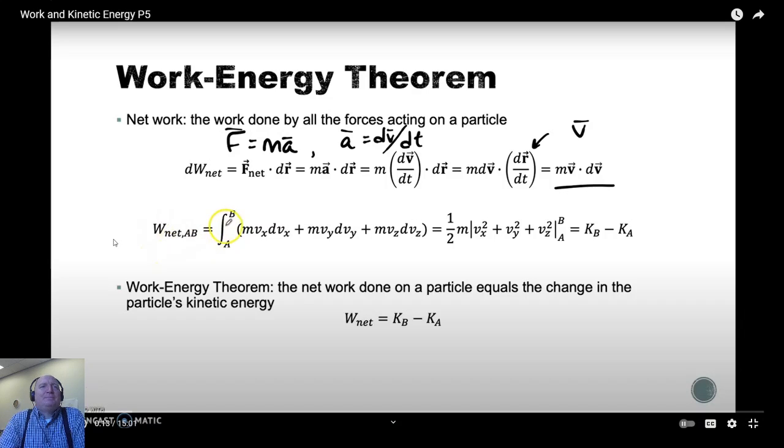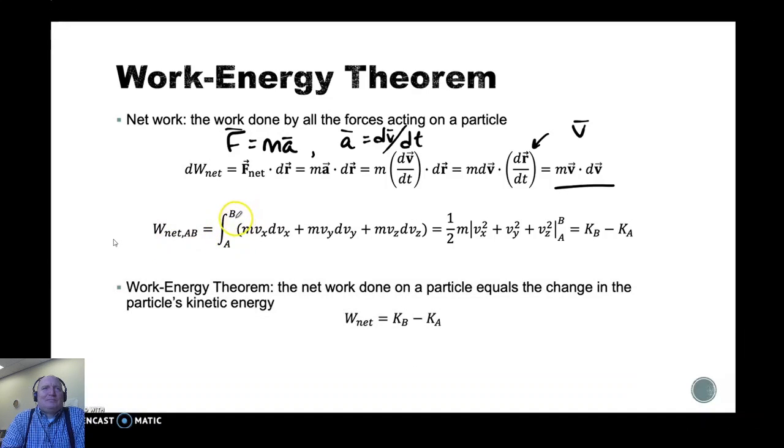The work from A to B is equal to the integral from A to B of m vx dvx plus m vy dvy plus m vz dvz. Okay?